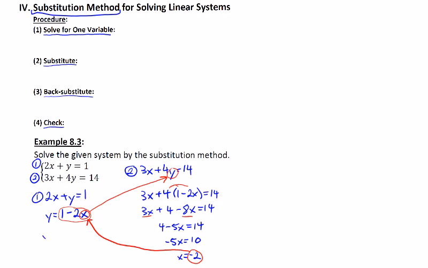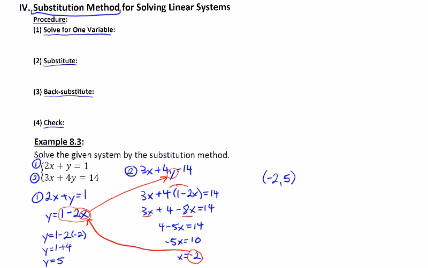So now this is going to say y equals 1 minus 2 times negative 2, which will be 1 plus 4, resulting in 5. So this tells us that we have the ordered pair negative 2, comma 5.